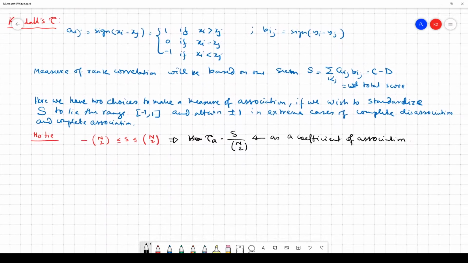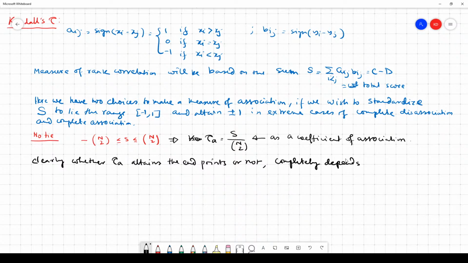And clearly whether tau A attains the end point or not completely depends on the number of zero scores.